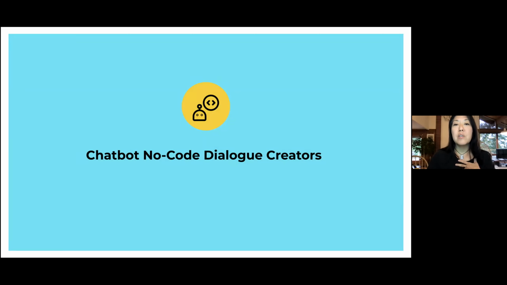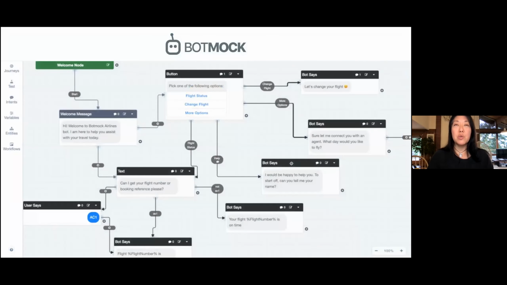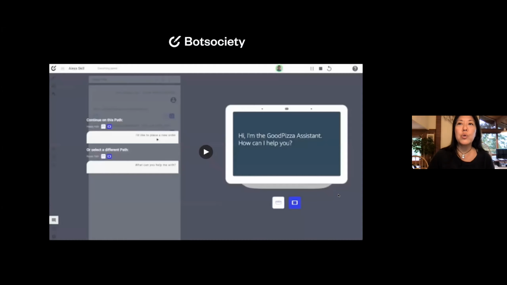And we've definitely, even at GoToMedia, tested a few of these to see what we might use. So this is BotMock, and it's kind of a flow-based interaction design that takes both design and a little bit of programming know-how to make it work. But it's really pretty straightforward, and there is no code that's needed.